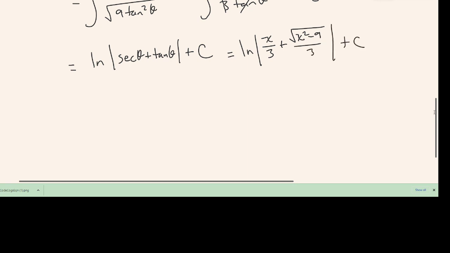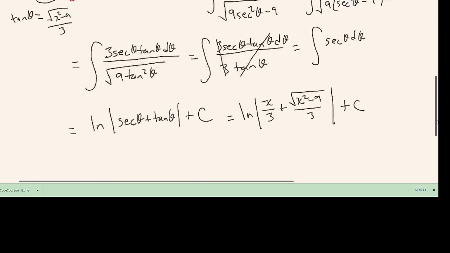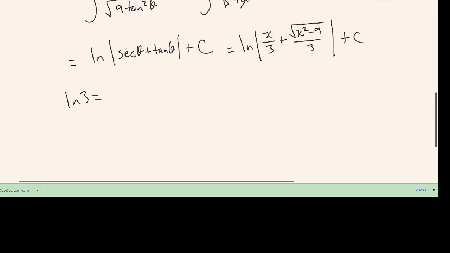Now we're still not done yet. We have to find out what this constant is, and we'll use these values here to find that out. So when x is 5, the function results in the natural log of 3. So let's plug in 5 for x. We get the natural log of 5/3 plus the square root of 5 squared minus 9 divided by 3 plus c.